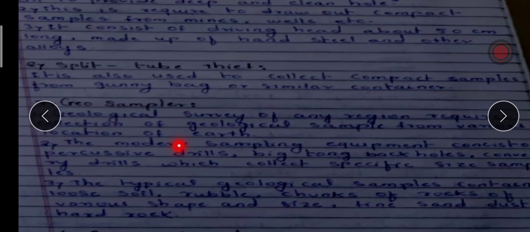This is required to draw out a compact sample from mines, wells, etc. It consists of a driving head about 50 cm long, made up of hard steel and other alloys. Then split tube thief. It is also used to collect the compact samples from a gunny bag or similar container.